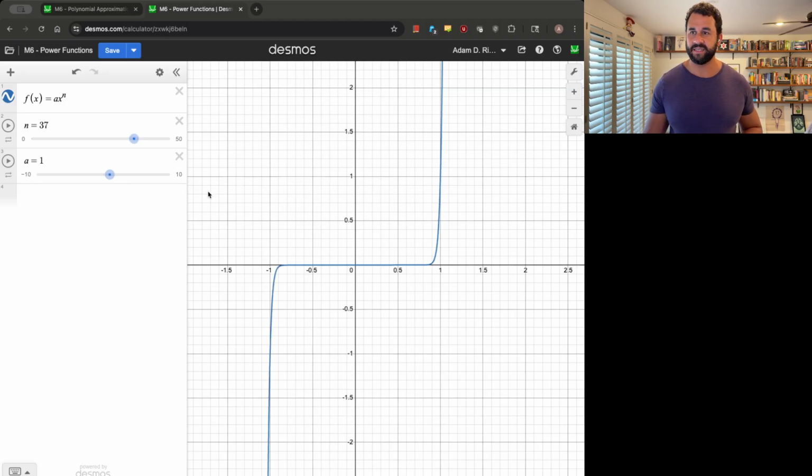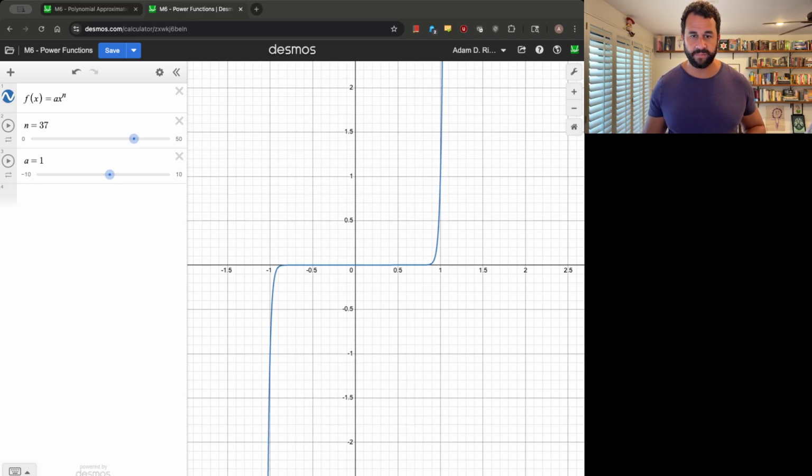So the greater the degree, the more extreme the graph gets in the interval -1 to 1. But it still roughly resembles those lower order power functions, x squared and x cubed, or just x if the degree is 1. You'll get to explore that on the homework, and we're going to talk about it in a minute. But this is what those power functions look like.